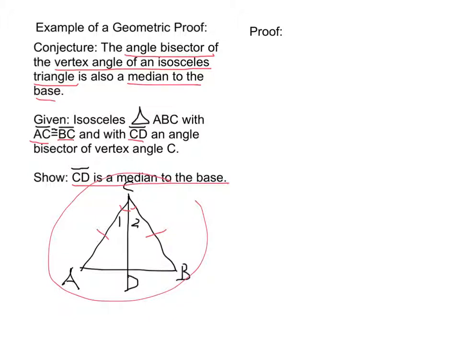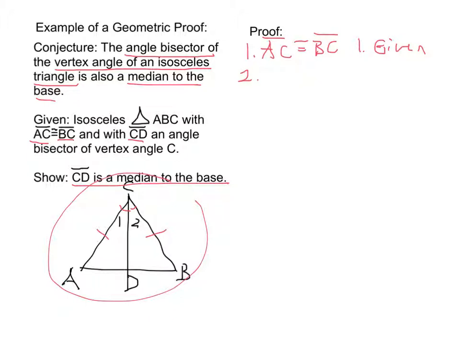So we're going to do a two-column proof. We're going to start out with the fact that segment AC is congruent to segment BC, and that's a given. That's a premise.